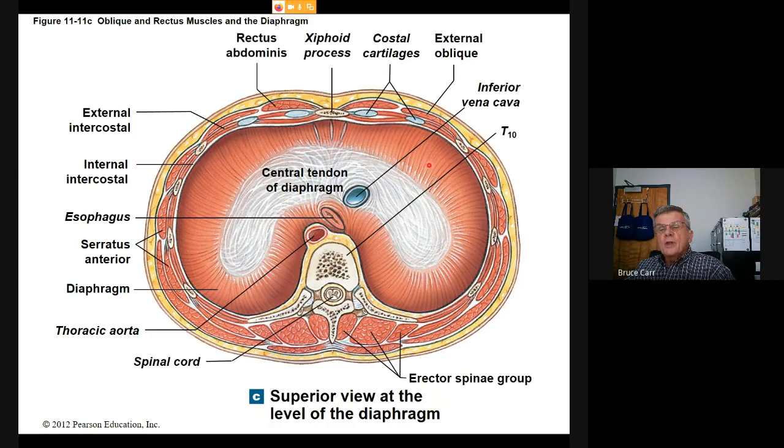But for active breathing, we're going to use the diaphragm still at maximum rate and depth of contraction. We're going to add these intercostal muscles. Here you can see the internals and the externals, named as different muscle groups because the externals lift the rib cage up for an active deep breath, and the internals bring it back down.